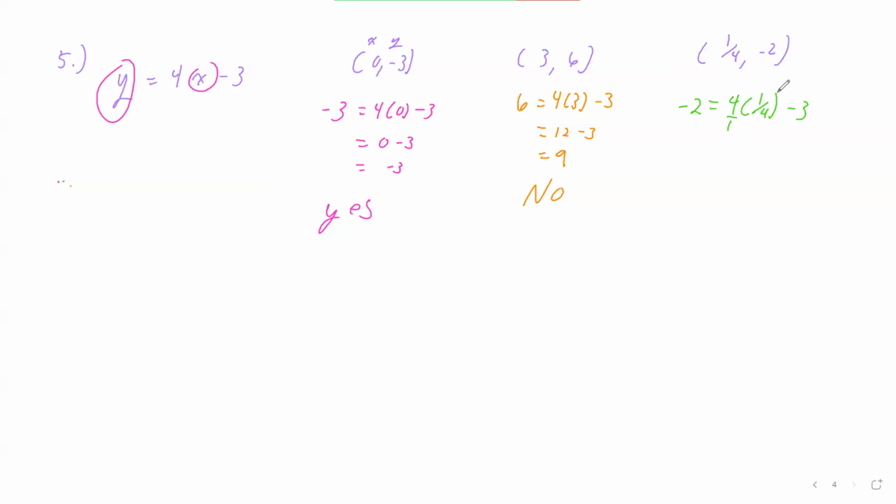What this is basically stating is, if you had 4 pies and you had to split that up into 4 groups, you would have 1 pie in each group. So it'll be 1 minus 3, which is? So does -2 equal -2? Yes. So we're good there. Okay.